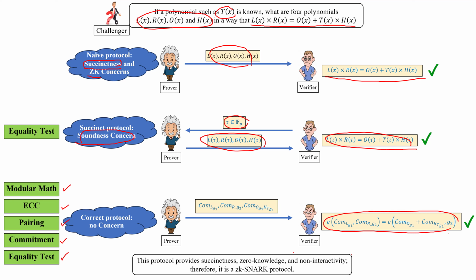Okay, so now we want to see whether this is a ZK SNARK protocol or not, right? This protocol provides succinctness, right? Why? Because the prover just sends 3 commits of the polynomials. And you know that the commit of a polynomial is just an element of group G1 or G2, right? So no matter how big the polynomial is or what the degree of the polynomial is, at the end of the day, the commit of a polynomial is just an element from group 1 or group 2.